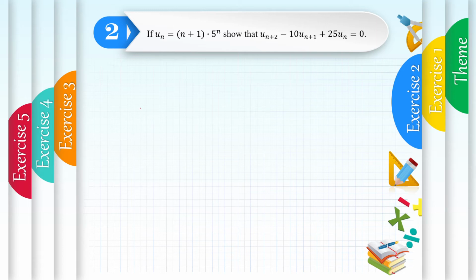So the idea in this exercise first is to deduce the formula for un plus 1 and the formula for un plus 2 if we have that un is equal to n plus 1 multiplied by 5 to the power n.